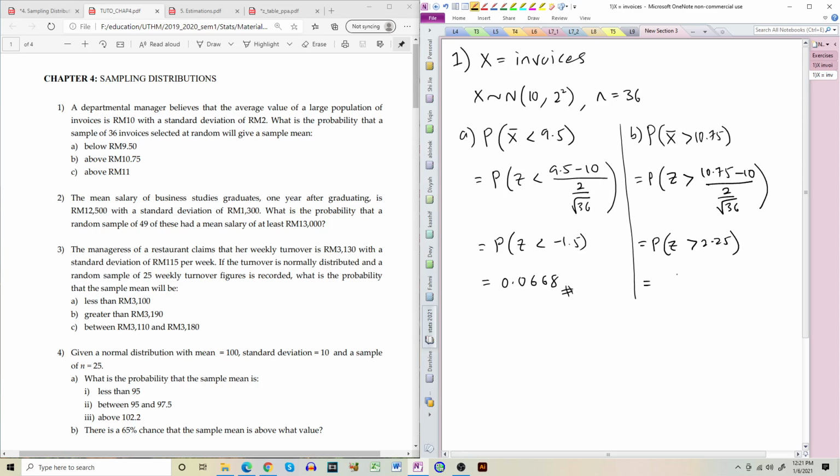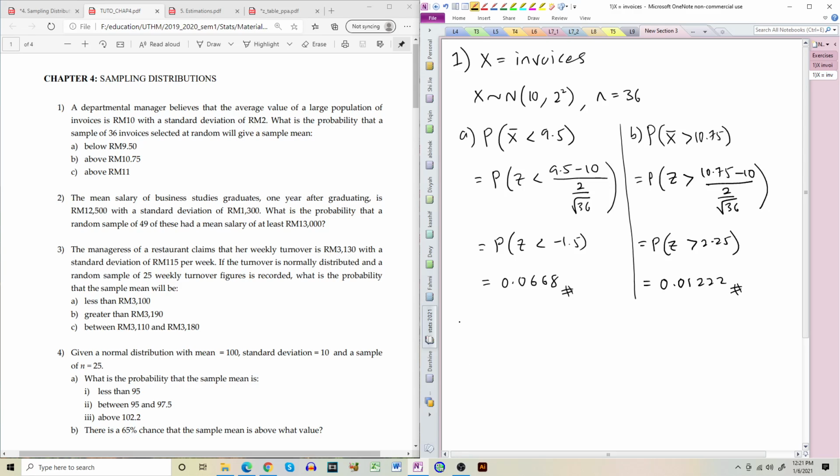If you do this, your answer should be 0.01222. Alright. The answer sometimes may differ by decimals due to different tables, but no problem. You just refer to the table I sent to you, PPA, okay, and then try to fix it.